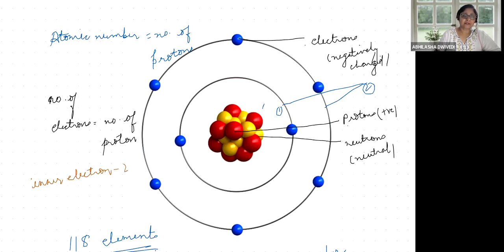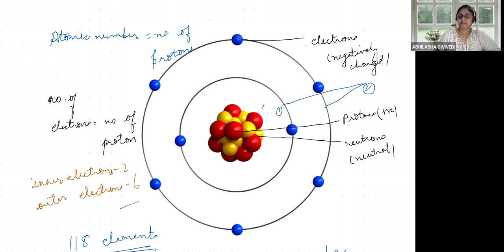Outer electrons: one, two, three, four, and five. One, two, three, four, five, six. That's interesting. So that is total how many electrons?